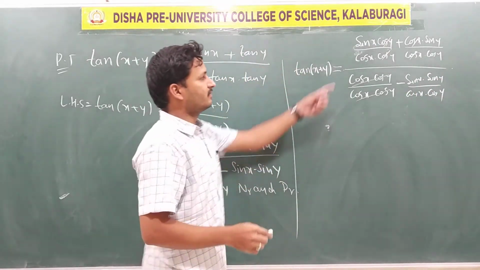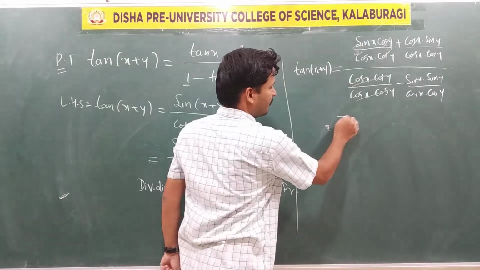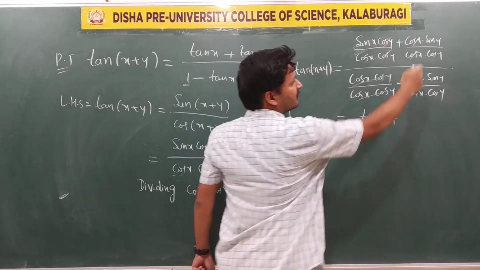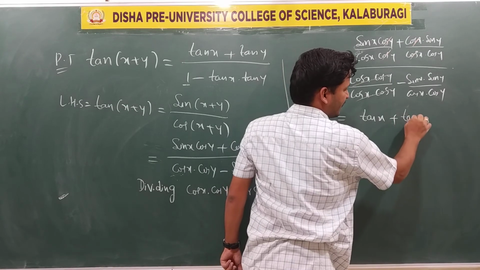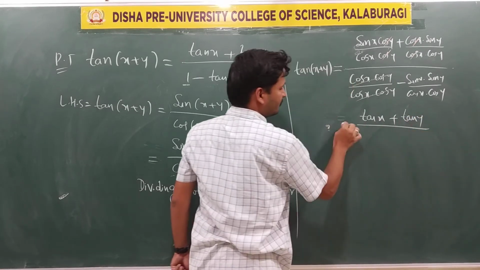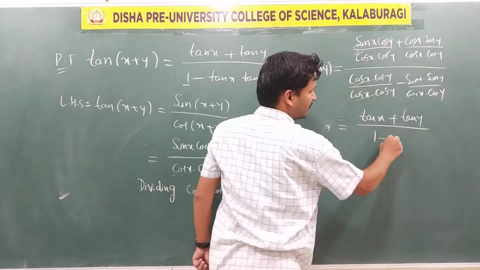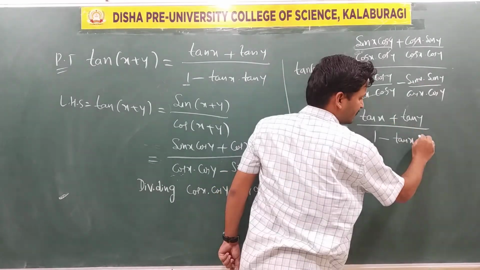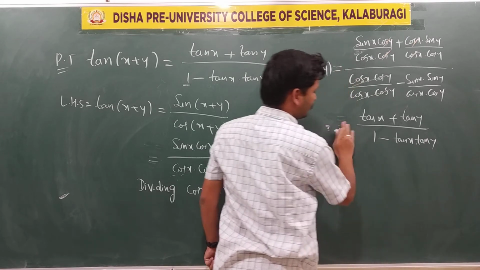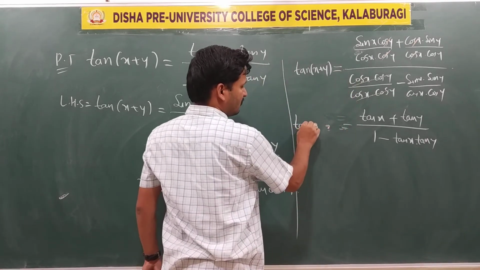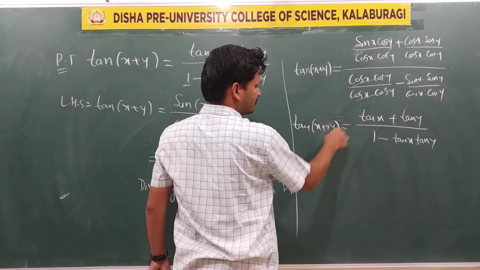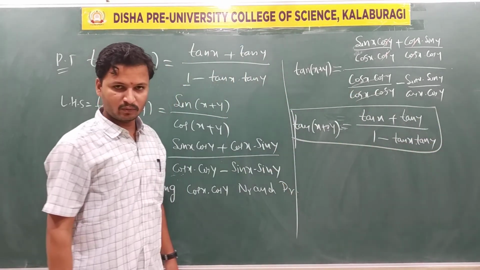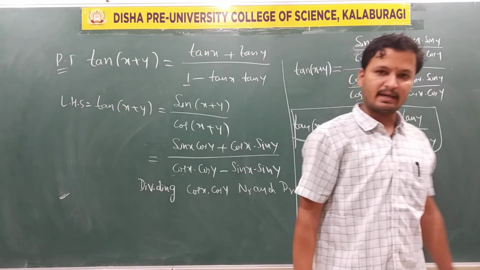So sin x divided by cos x is tan x, plus sin y by cos y is tan y, divided by 1 minus sin x by cos x, which is tan x, into sin y by cos y, which is tan y. So tan of x plus y is equal to tan x plus tan y divided by 1 minus tan x into tan y.